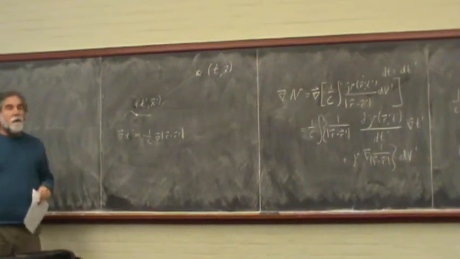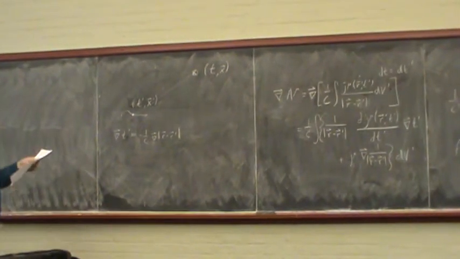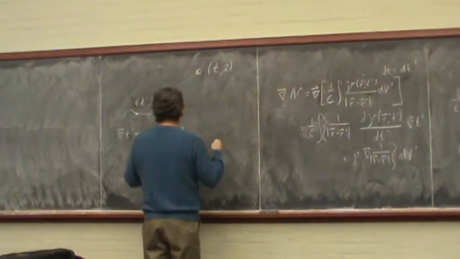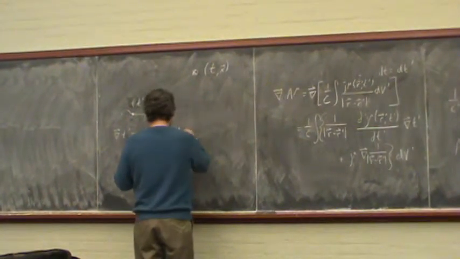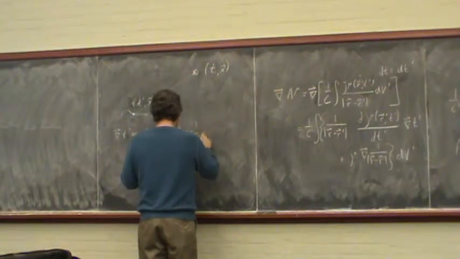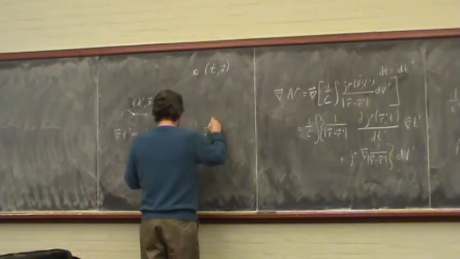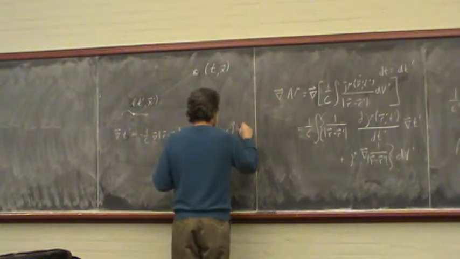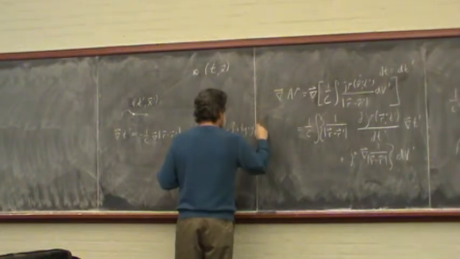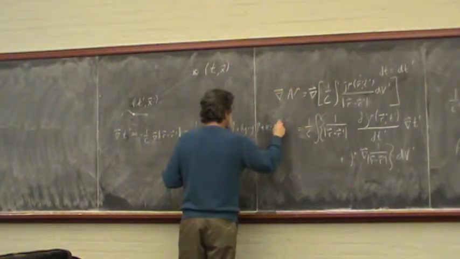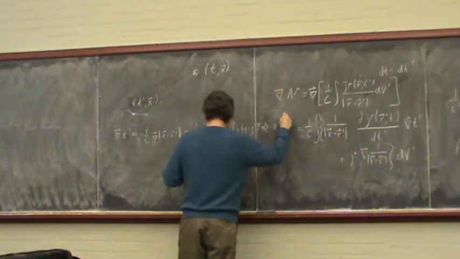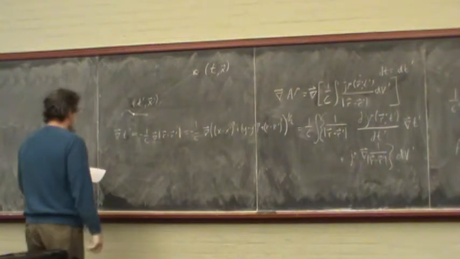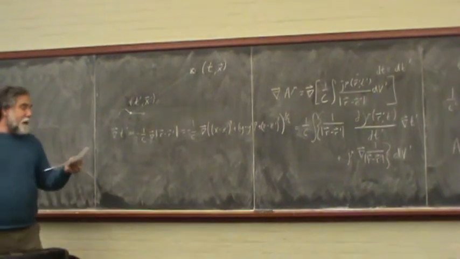t prime is r minus r prime over c for the gradient. All right, the t part goes away. Now let me write it all out. x minus x prime squared plus y minus y prime squared plus z minus z prime squared, to the 1/2. That gradient's not so bad to take.